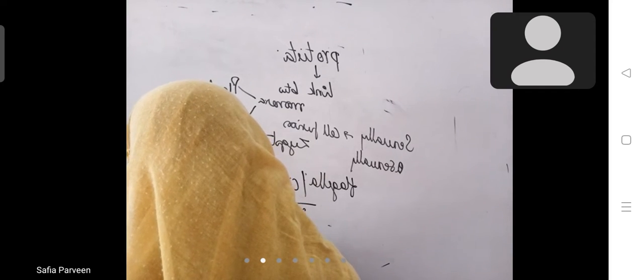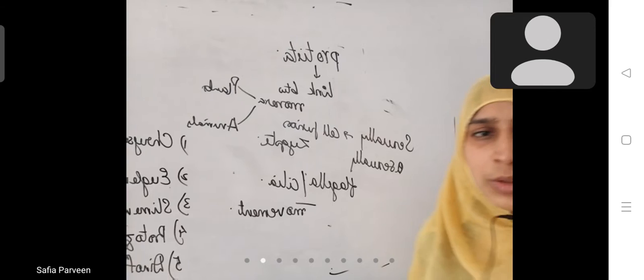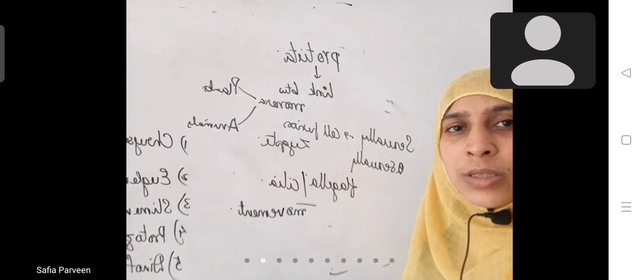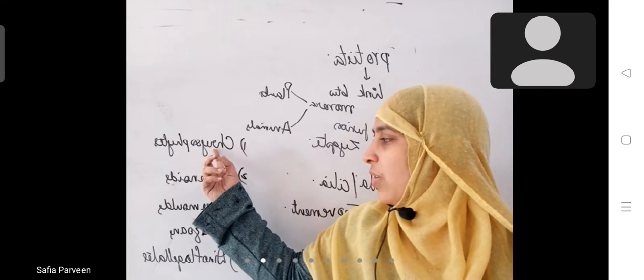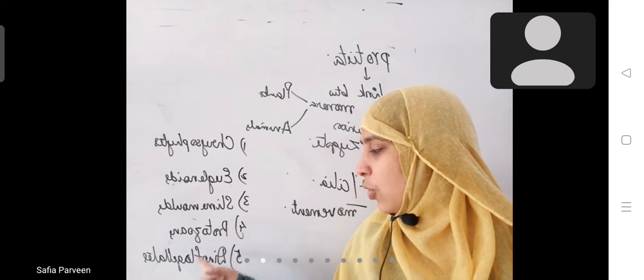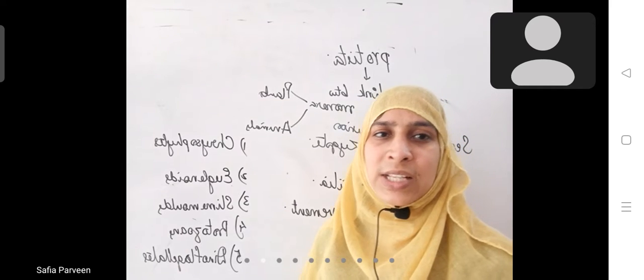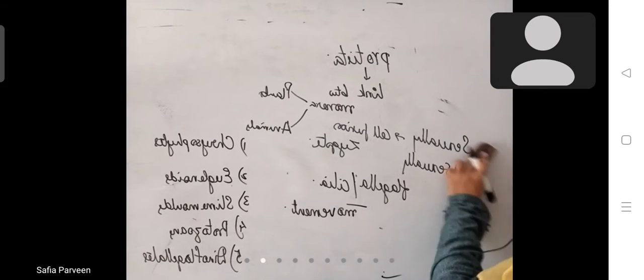So the protista is classified into these five. Chrysophytes, Euglenoids, slime molds, protozoans and dinoflagellates. This is the sub-classification of protista. One by one we'll discuss.